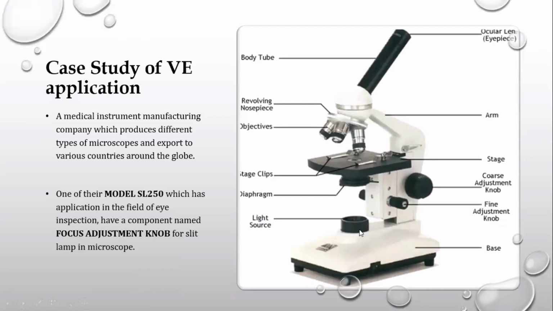Look at this kind of microscope used, and it's a kind of medical instrument, right? So we use it in the medical labs, right? It's a manufacturing process. It involves various elements, right?